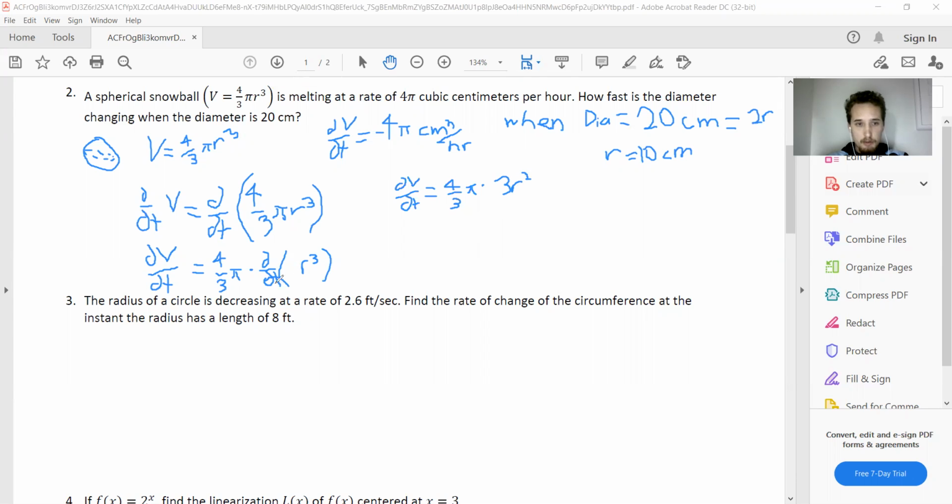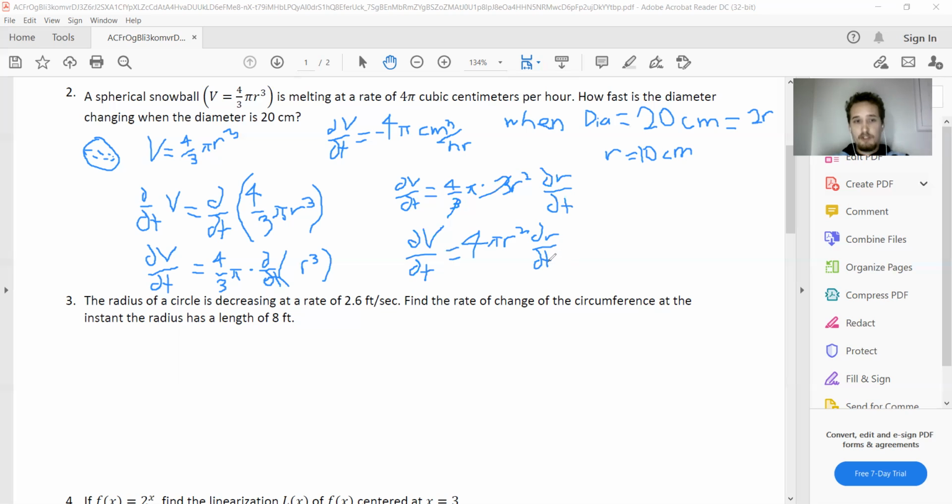And then because of chain rule, we're differentiating with respect to t, and this is r, so we have to add the term dr/dt. You can get rid of threes here. dV/dt equals 4 pi r squared dr/dt. Okay, so we've differentiated.